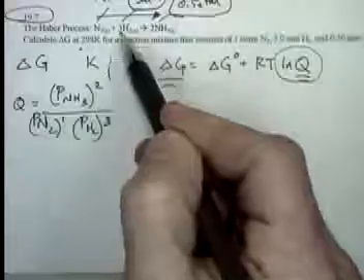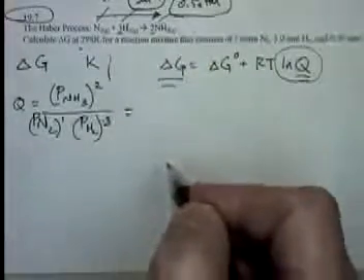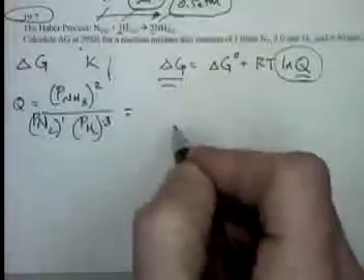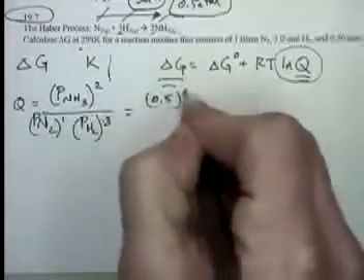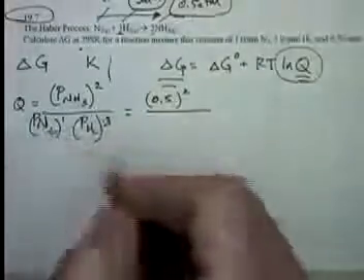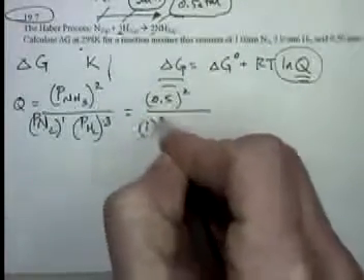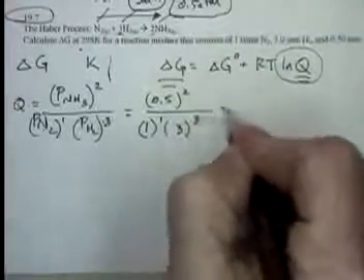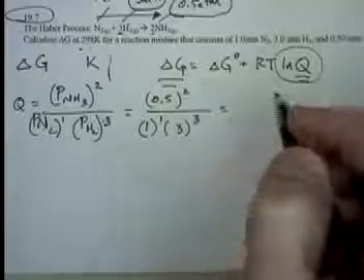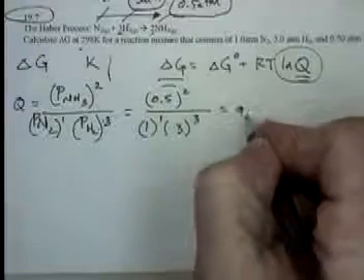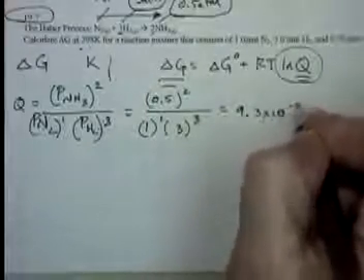Notice the power of the coefficient right here. If we put these values in, for NH3 we have 0.5 atmospheres, squared. For nitrogen, that's at 1 atmosphere to the first power, and hydrogen, which is at 3 atmospheres, will be cubed. When you calculate Q, you end up with a value of 9.3 times 10 to the negative third.